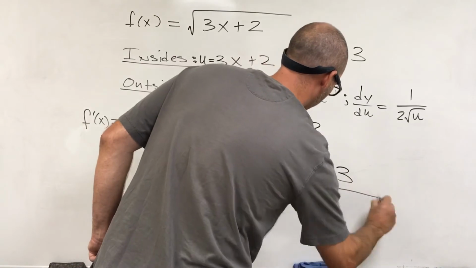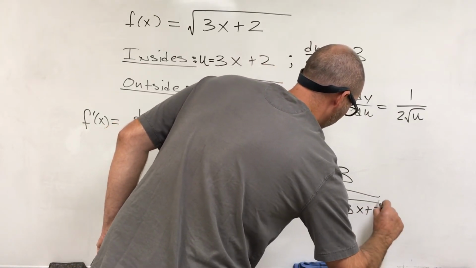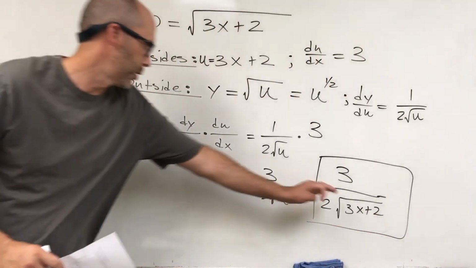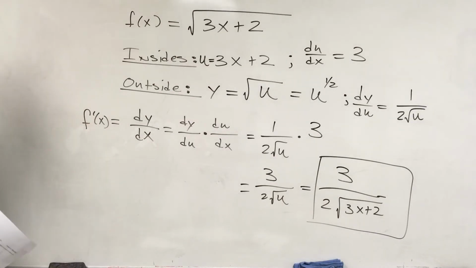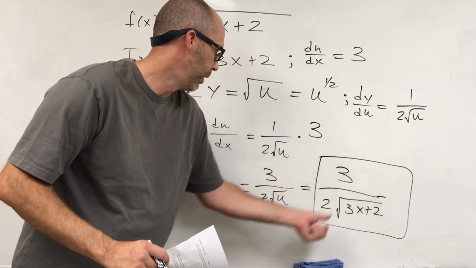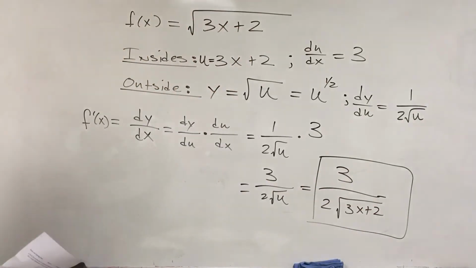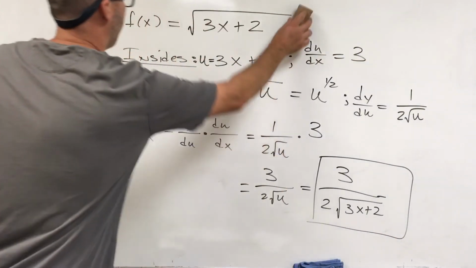So this is 3 over 2 root 3x plus 2. That's our answer. That's the slope of the tangent line at x. If you want to find the slope of the tangent line at 3, go ahead and plug it in there. f prime of 3 would be 3 over 2 times root 3 times 3 plus 2. All right, let's do one more.